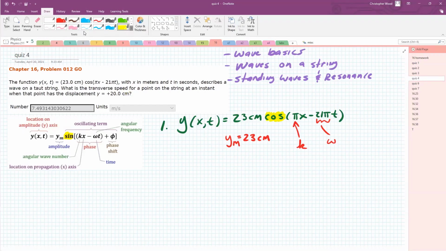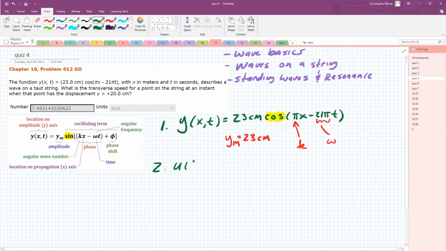Anyway, that's our wave function. Let's go on. What's the transverse speed? The question asks for u, the transverse speed, when the y position equals 0.2 meters. So u, which is a function of x and t, equals the value when y, which is a function of x and t, equals 0.2 meters.